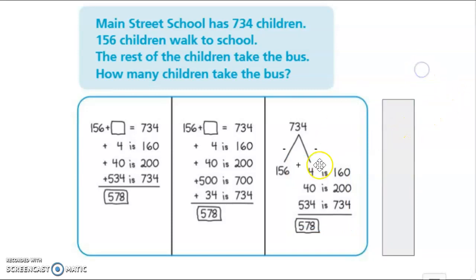So they made a math mountain, put their total at the top. 734 minus blank equals 156. So now they're going to do the adding up method. So they're starting at 156 plus 4 is 160. 160 plus 40 is 200.